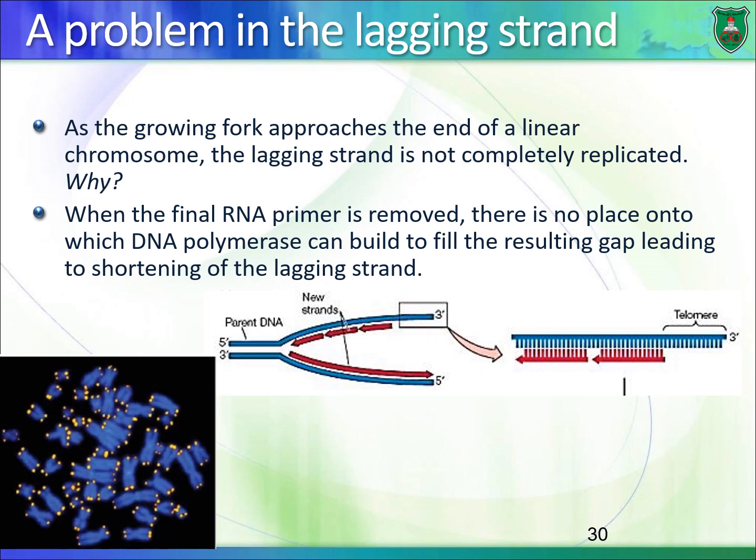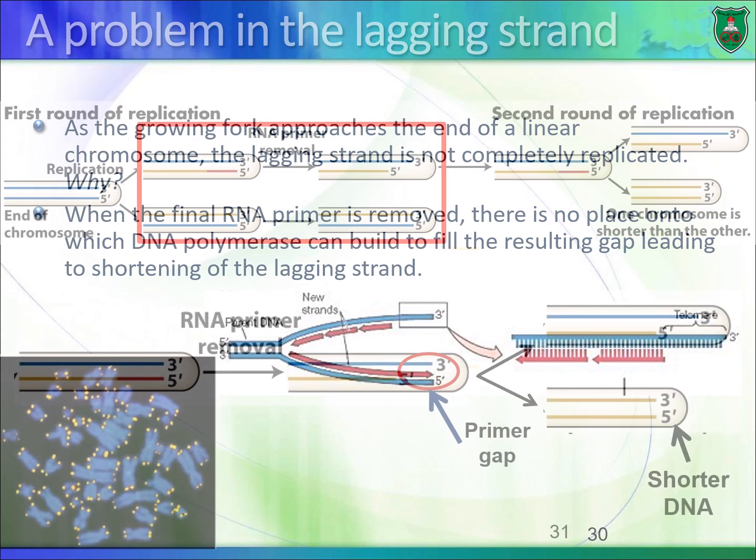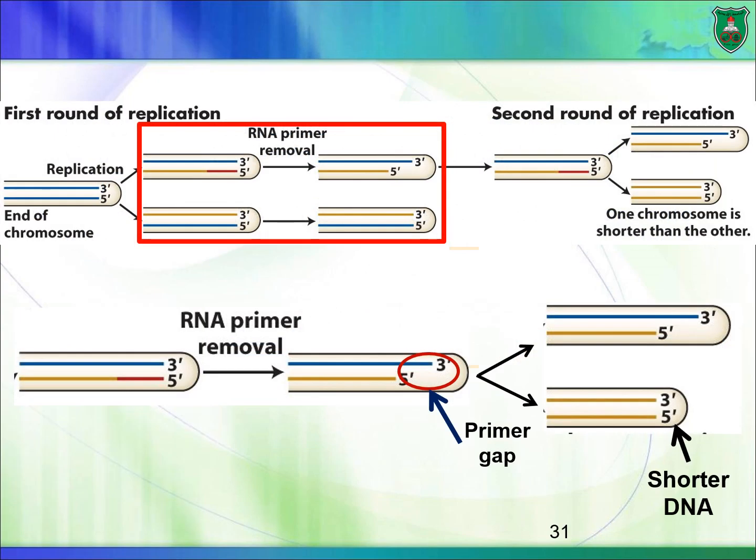So right here, it's not completed, and when you have another round of DNA replication and this is removed, this actually becomes shorter. So one of the chromosomes becomes shorter right here.